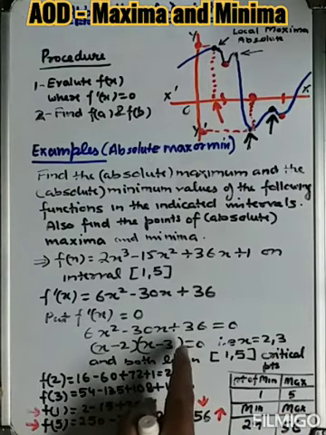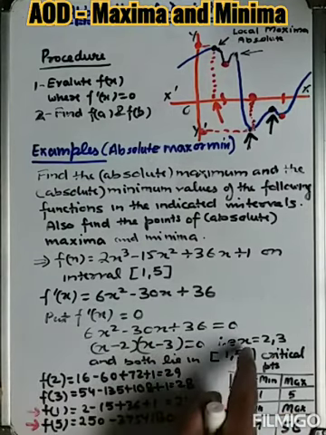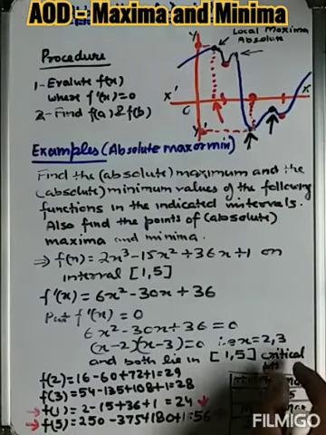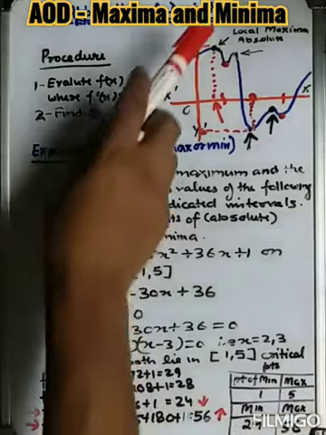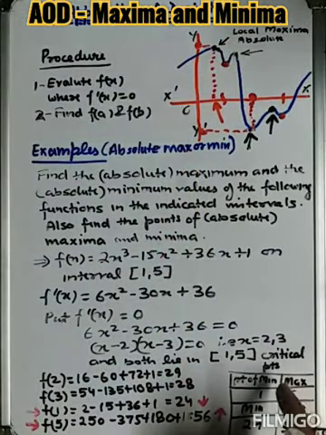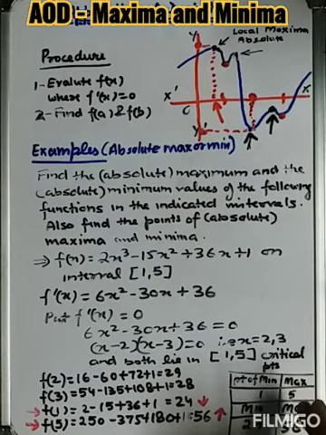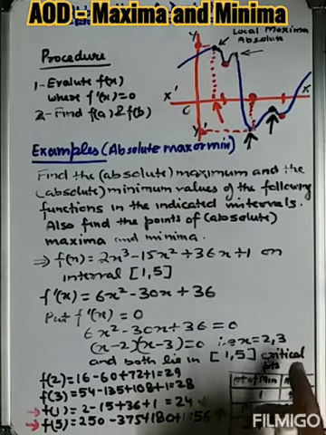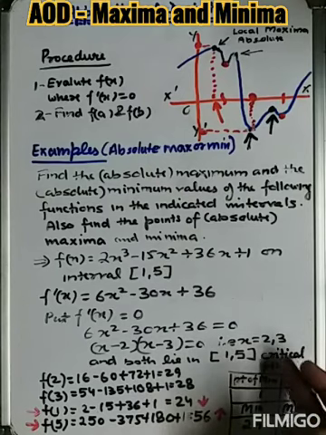Now take out 6 as common and solve. We get x equals 2 and 3. So these two are called the critical points, turning points or stationary points. All three terms mean the same thing.